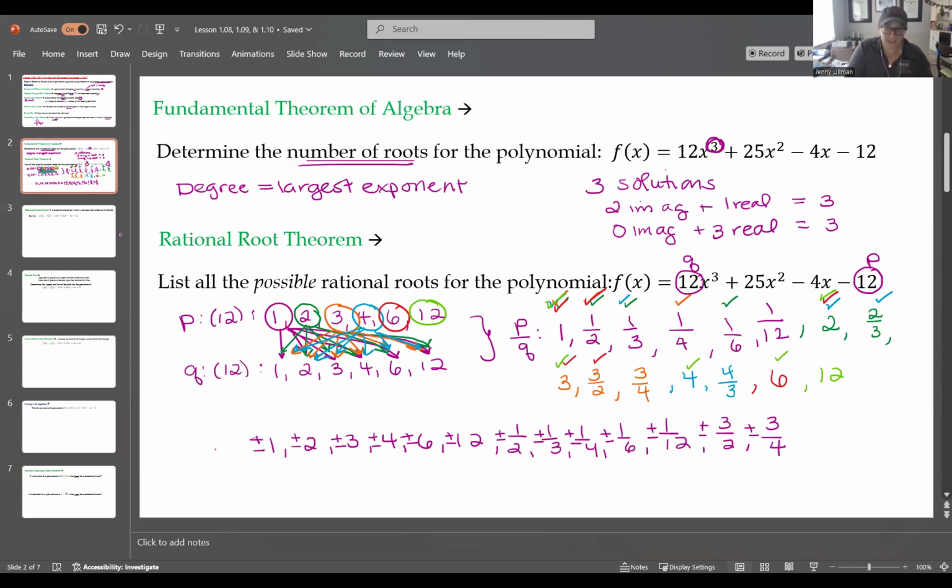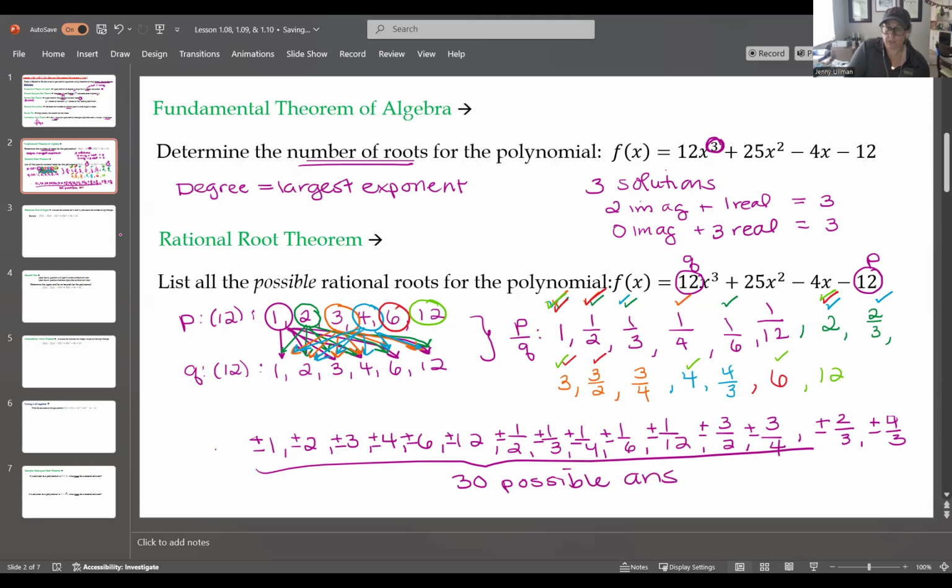Okay, so I've got 1, 1/2, 1/3, 1/4, 1/6, 1/12, 2. Oh, I missed the 2/3. So sorry. Then I got 2/3 and I missed my 4/3. Okay, so now I have them all. So in this whole list, right now I have 30 possible answers.